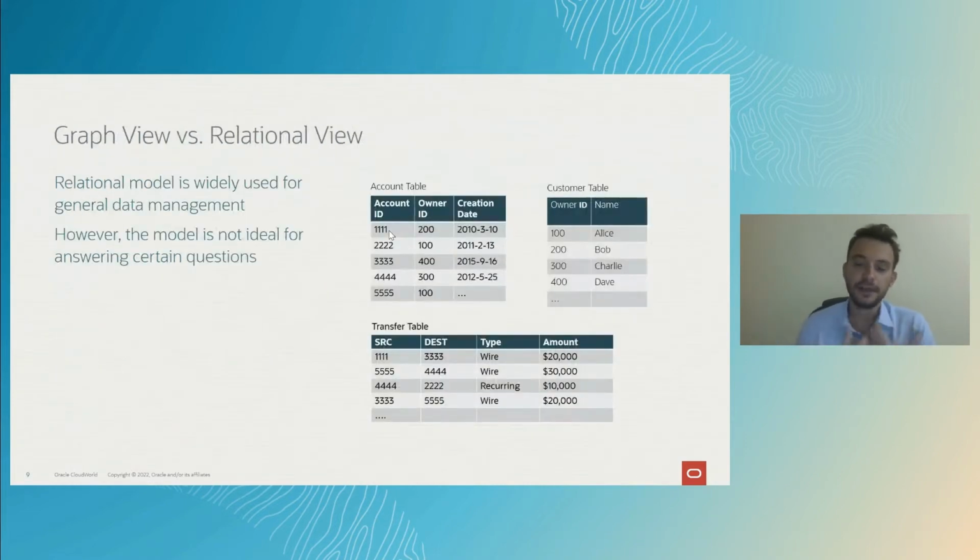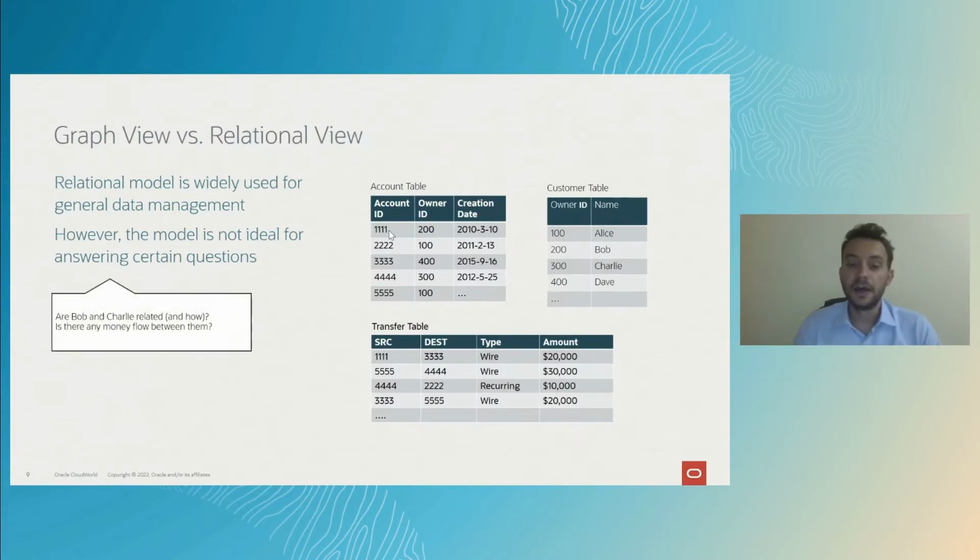But why do people choose graphs first of all? I would like, via a really simple example, to show how graph can help you model and answer certain questions in a more intuitive way. Assume you have these three tables on the right, where you have customers who own accounts and then the transfers between those accounts. We would like to answer questions like, are Bob and Charlie related?